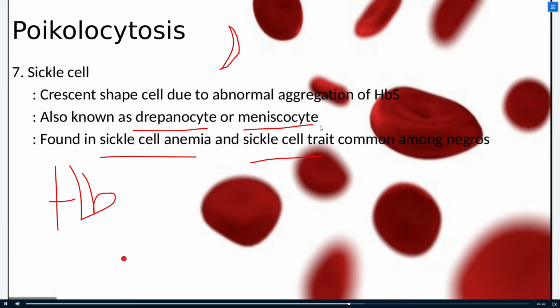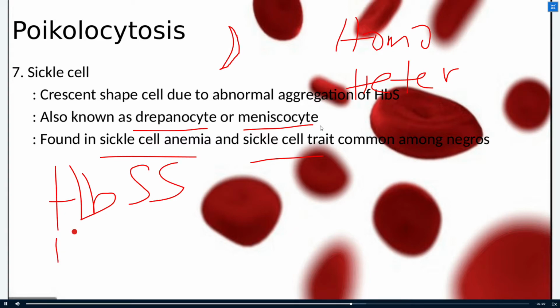The homozygous or the heterozygous? Sickle cell trait, class. Is it the homo or the heterozygous? So it's your heterozygous, HbAS. For sickle cell anemia, class, it's homozygous, HbSS. Why A?